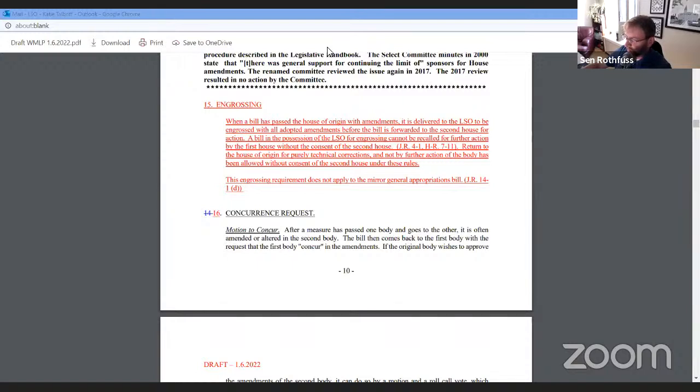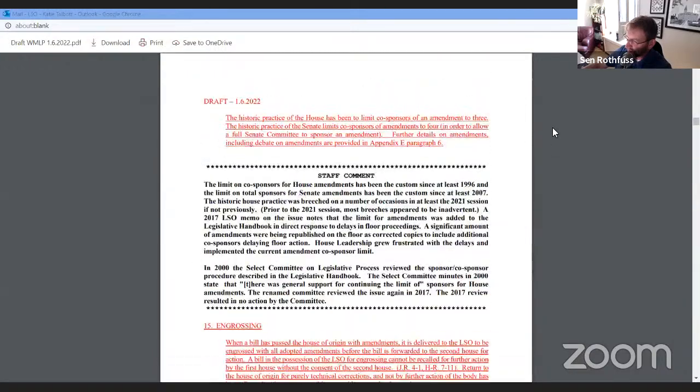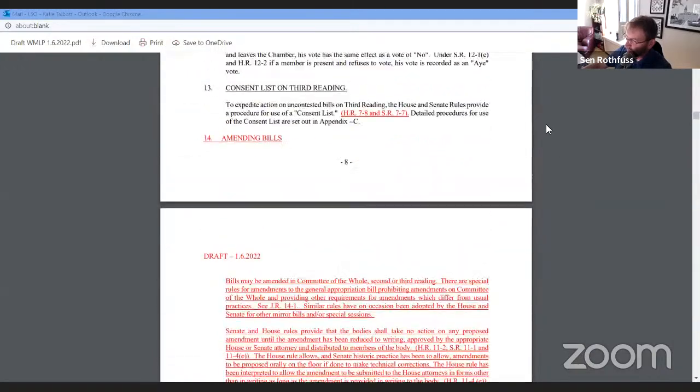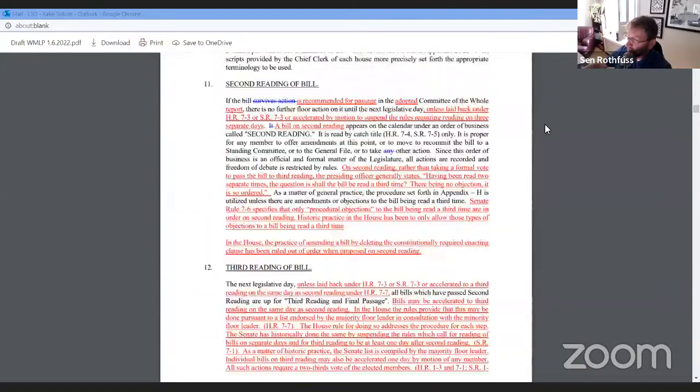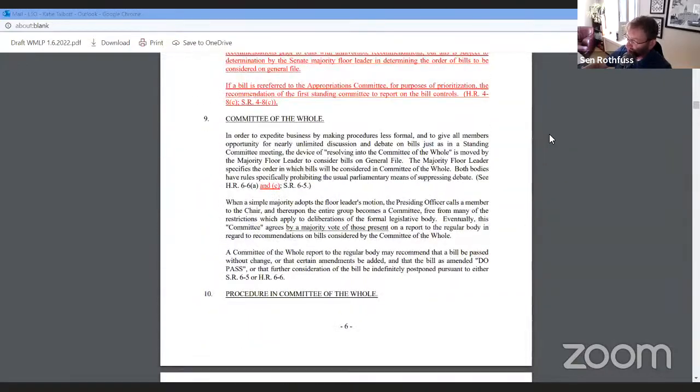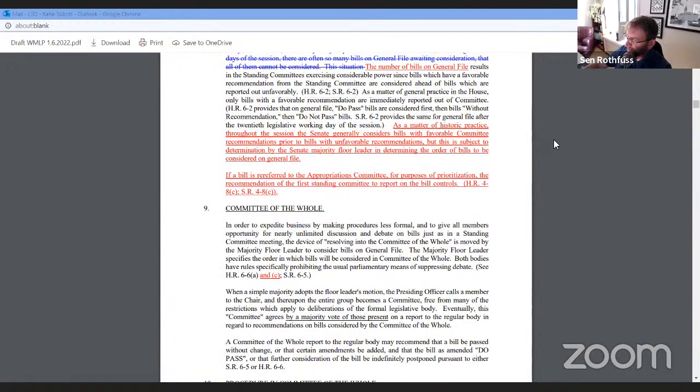I'm a little sensitive to doing that. As an example, back on page 6, it says, as a matter of historic practice, throughout the session, the Senate generally considers bills with favorable committee recommendations prior to bills with unfavorable recommendations. But this is subject to determination by the Senate Majority Floor Leader in determining the order of bills to be considered on general file. To me, something like that, which is true, has nothing bound there.